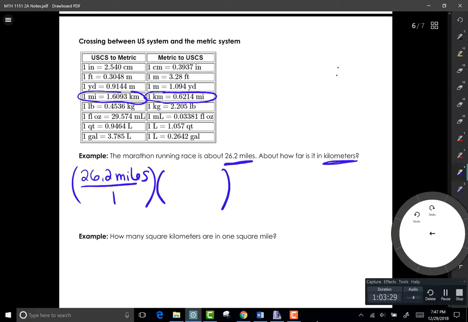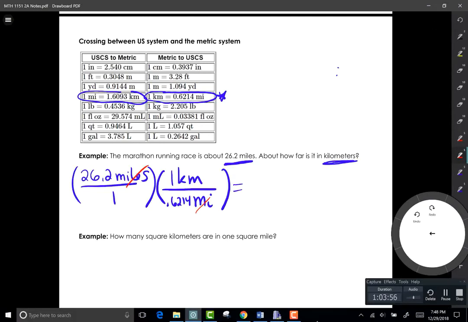Okay, I want to go from miles to kilometers, so I want to make sure the miles is on the bottom. So let's say I use this one here. I'm going to use 1 kilometer is equal to 0.6214 miles. So now I can cross off my miles and I'm left with kilometers, which is what we're trying to get.